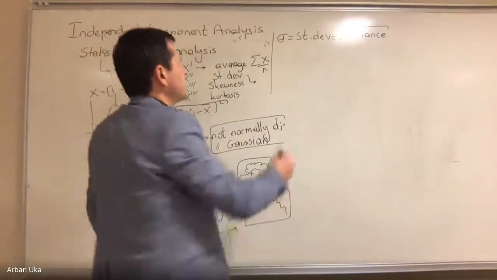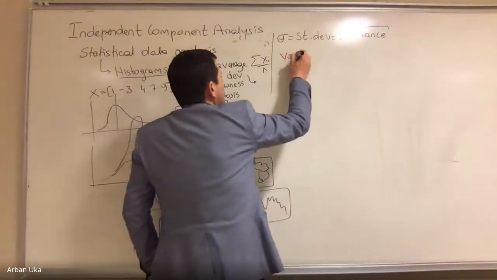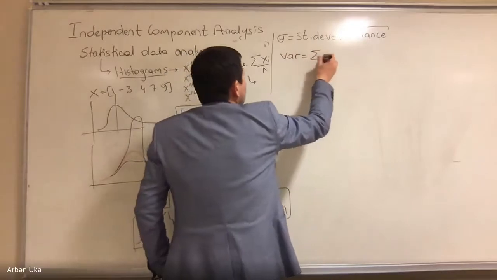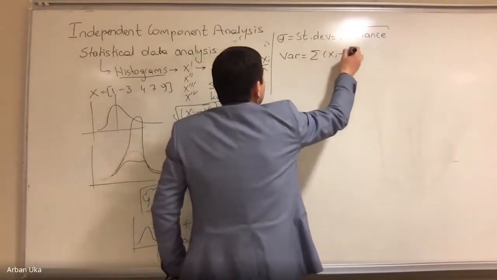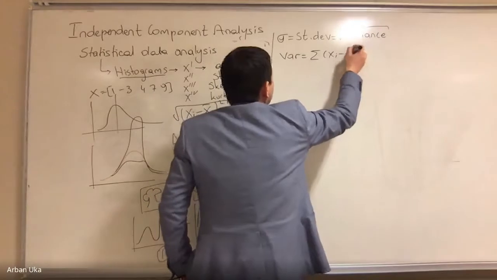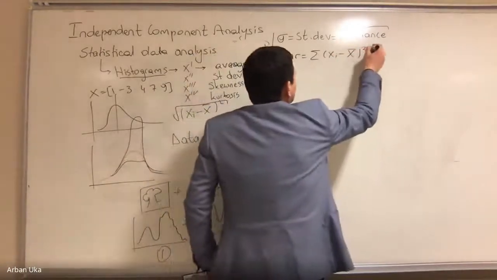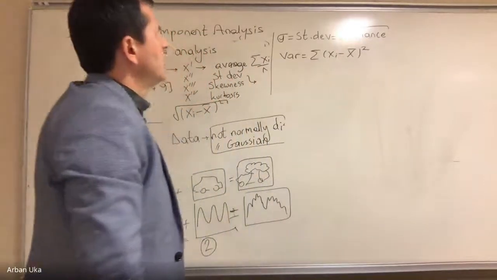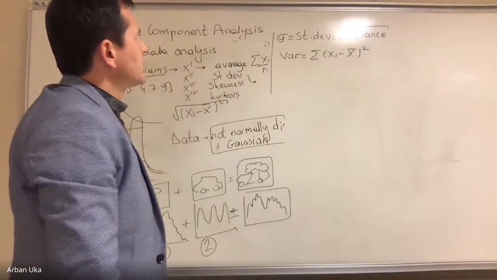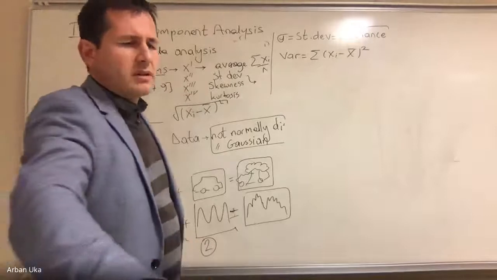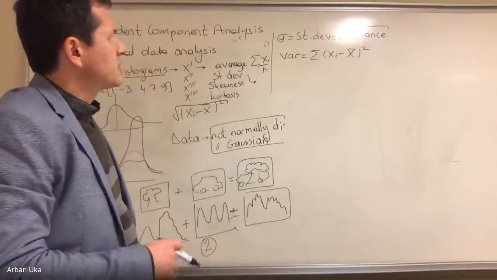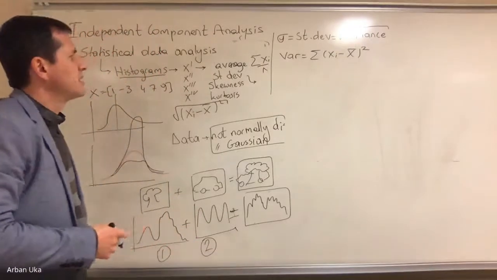But what is the variance? The variance, var, is equal to the summation of xi minus x average, where this is the x average, all squared. So this is the variance. It never has negative terms, so it is always a number which keeps increasing.